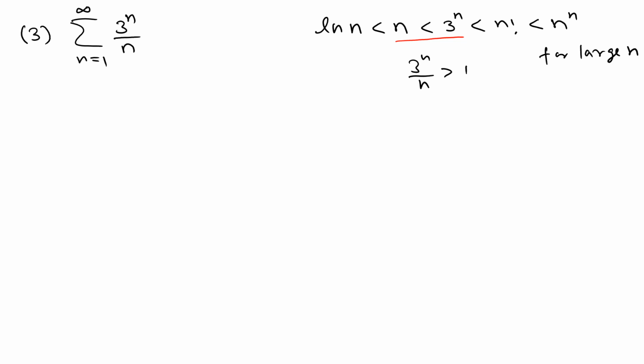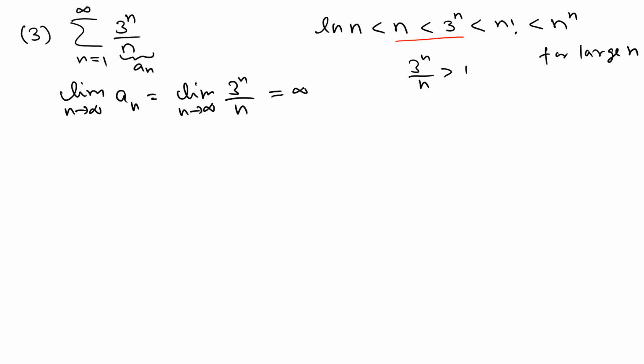Because of that we can take the limit of the nth term. We can say this is the nth term a_n. When n goes to infinity, a_n is the limit as n goes to infinity of 3^n over n. 3^n grows much faster than n, so this goes to infinity, which is more than 1. This is not equal to 0.